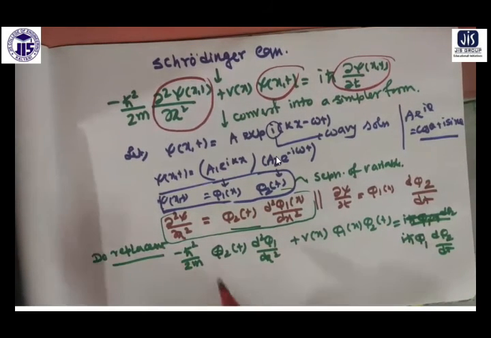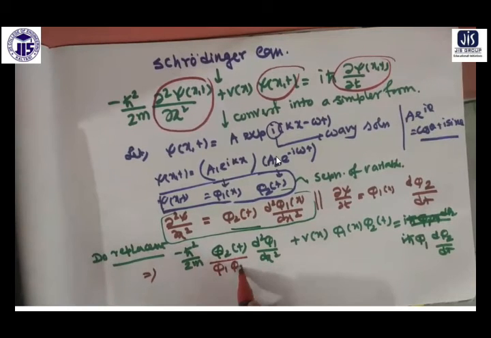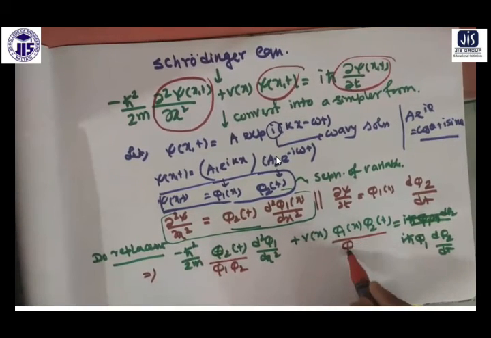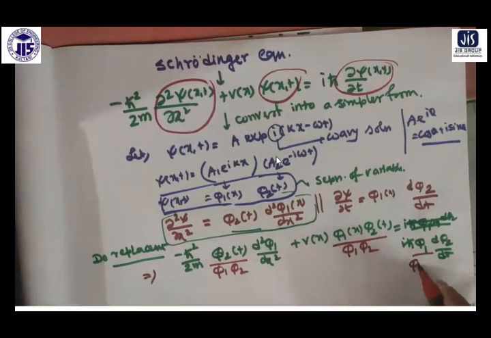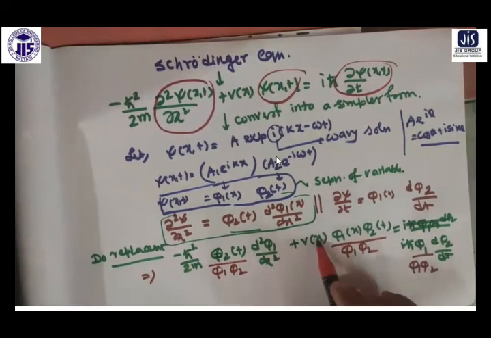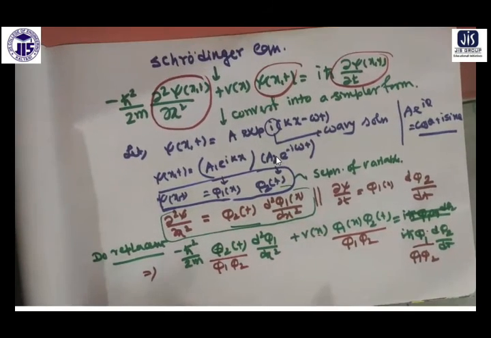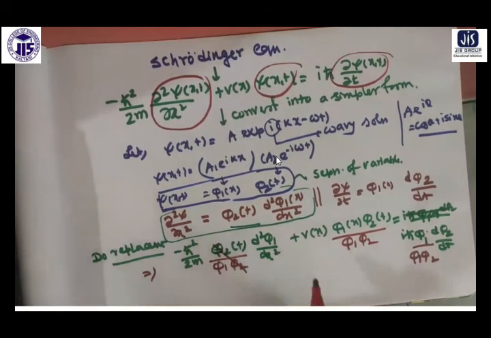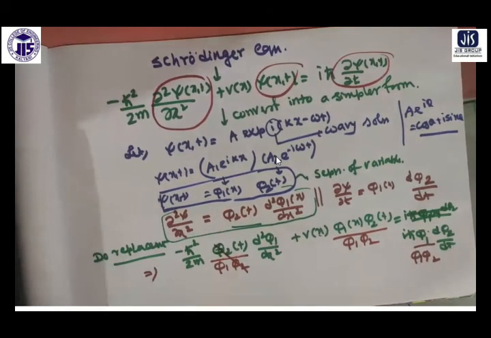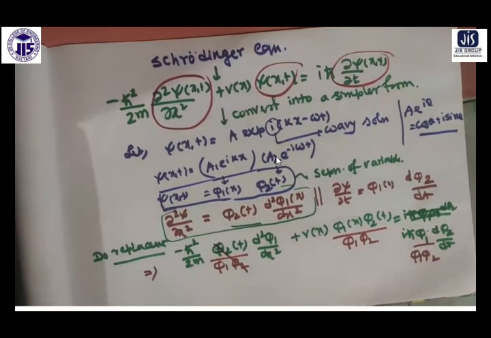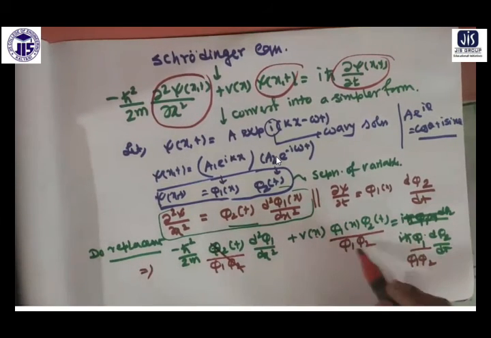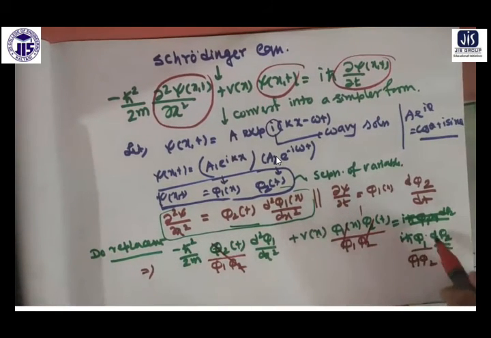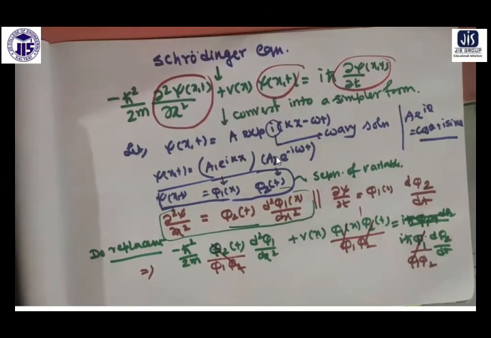So what you do, divide every term here by phi 1 phi 2. It is as good as getting this term to the right side and getting the phi 1 phi 2 on the other side. Phi 2 is there. Here it is 1, and here phi 1s are cancelled.